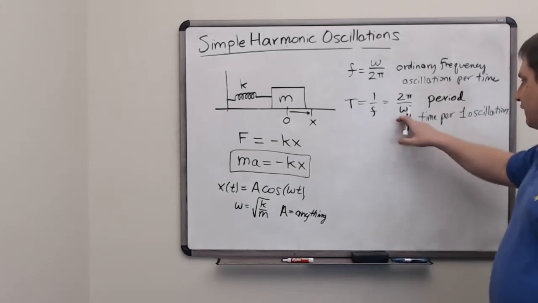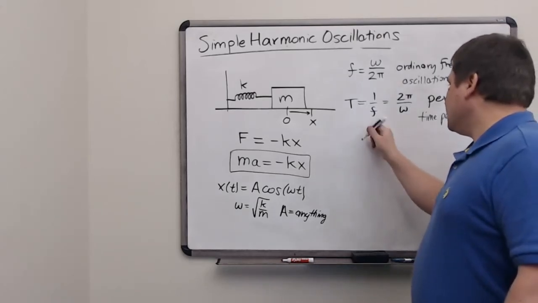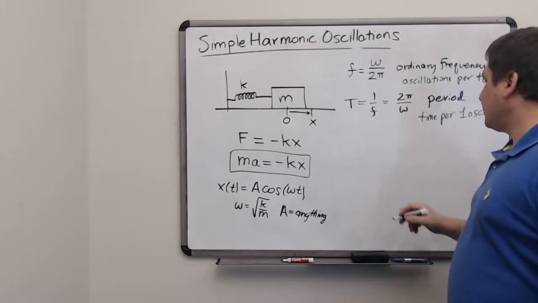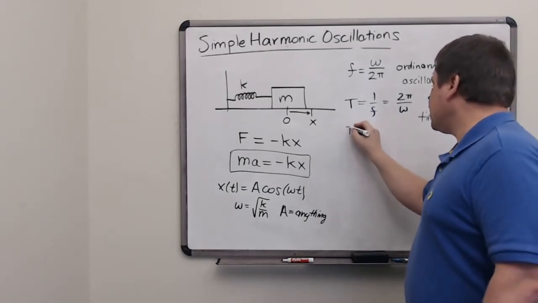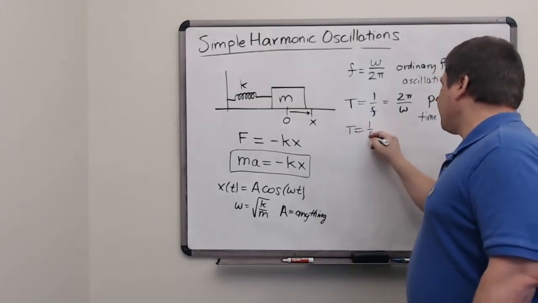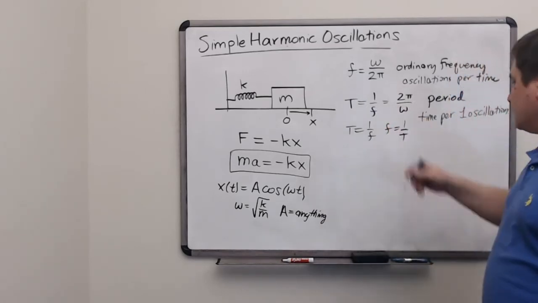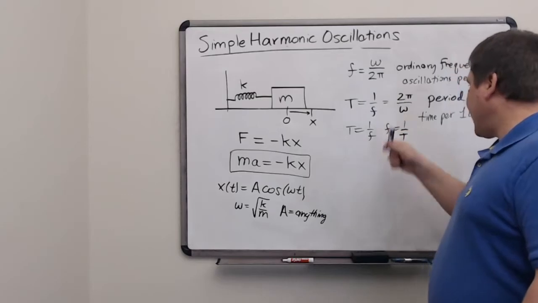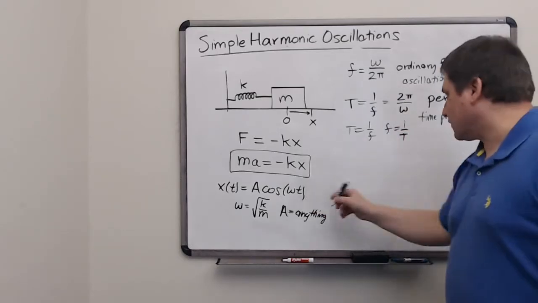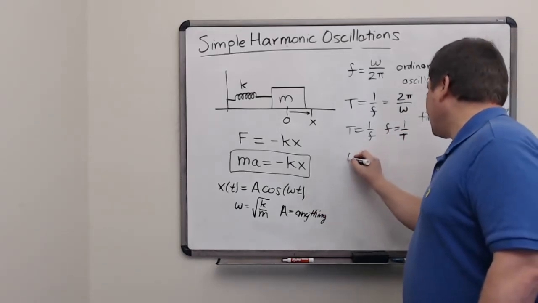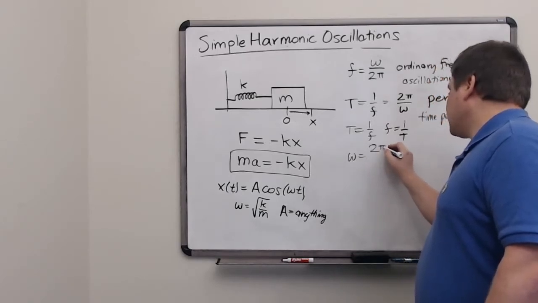If you want to get to that frequency value, then you either invert it to get the ordinary frequency, right? T equals 1 over f, so f equals 1 over T. Or you throw in this factor of 2 pi to get it in an angular quantity with radians per second. So omega equals 2 pi over T.